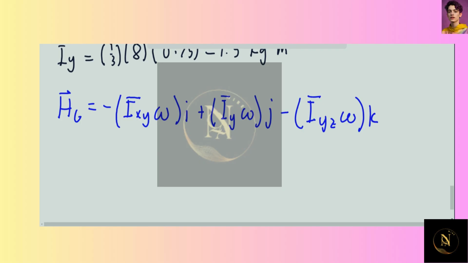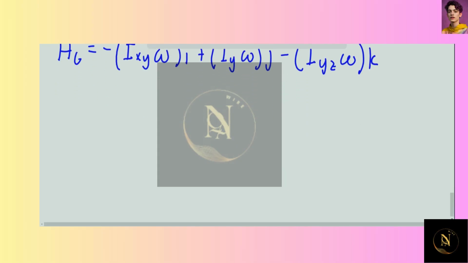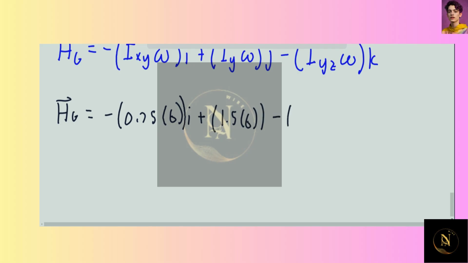So now all that's left is to plug in values. So we plug in I of xy, and then we plug in the angular velocity, and then plug in I of y times the angular velocity, and then plug in I of yz times the angular velocity.